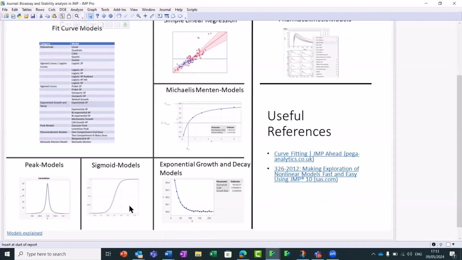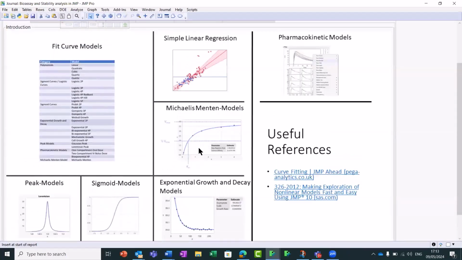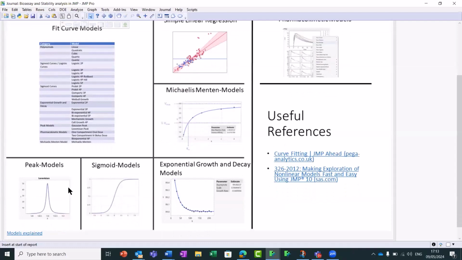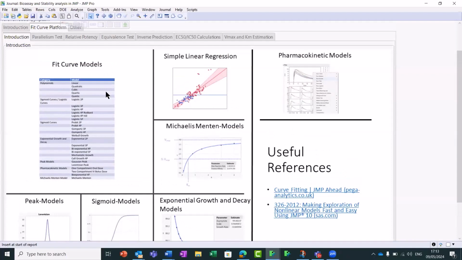As I said, the sigmoid models are very useful for those response types of analysis. Michaelis-Menten is also very useful for enzyme reactions. But you also have peak models, exponential growth, and simple linear regressions, so you can also use that here.